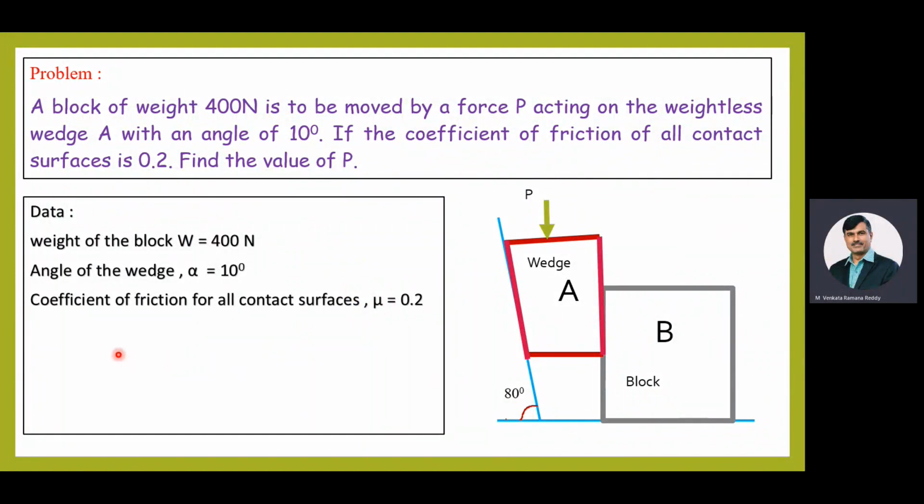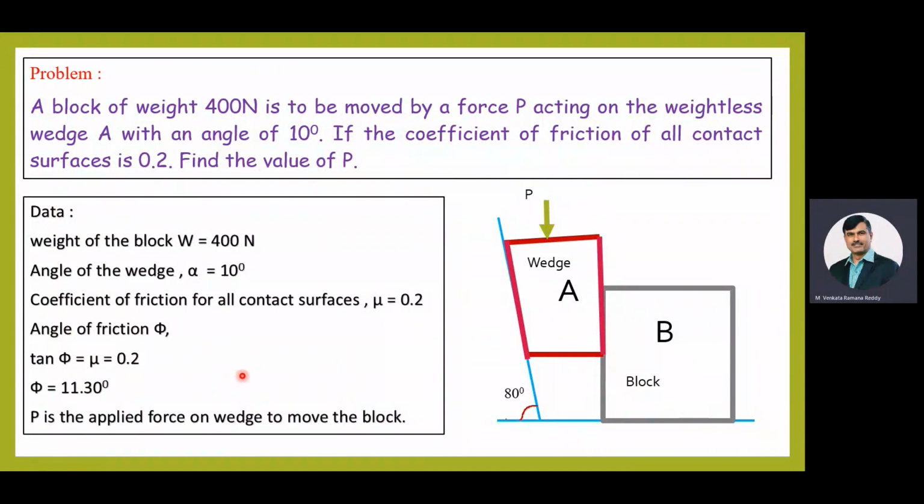We know that mu is equal to tan phi, which is equal to 0.2. Then phi is equal to 11.30 degrees. Our objective is to calculate the force applied on the wedge to move the block.